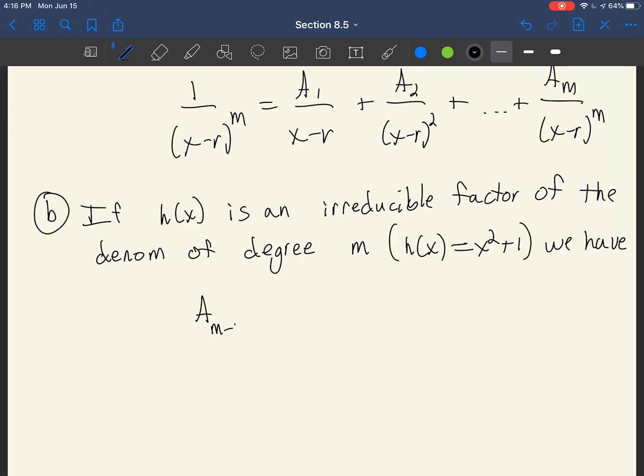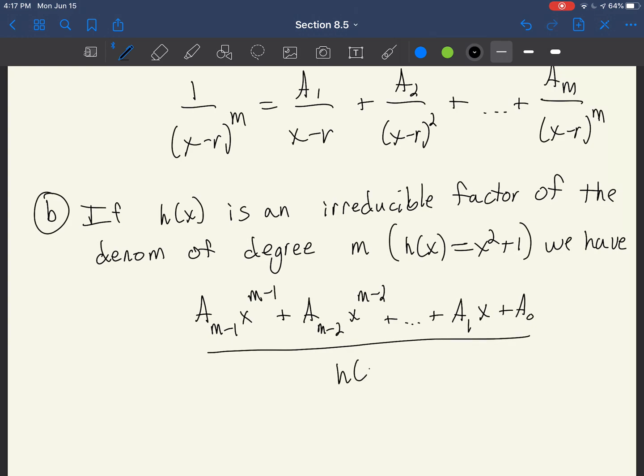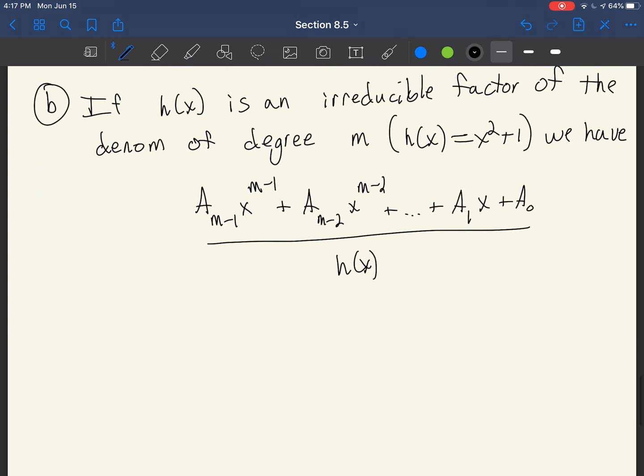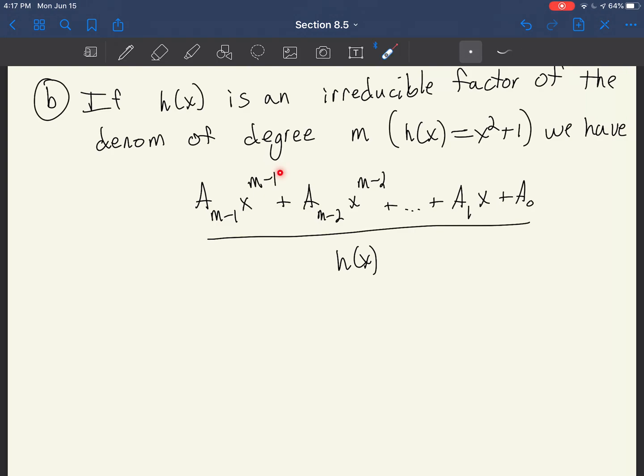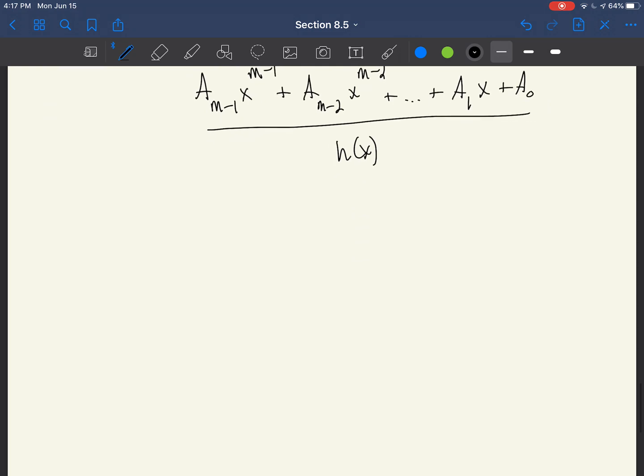Then on our partial fraction side, we would use a sub m minus 1, x to the m minus 1, plus a sub m minus 2, x to the m minus 2, plus dot dot dot, plus a1x plus a0, divided by h of x. And this is exactly what we did. This is saying take all powers of x that are less than the degree of h of x. So here h of x has degree 2, so you would just take a1x plus a0.